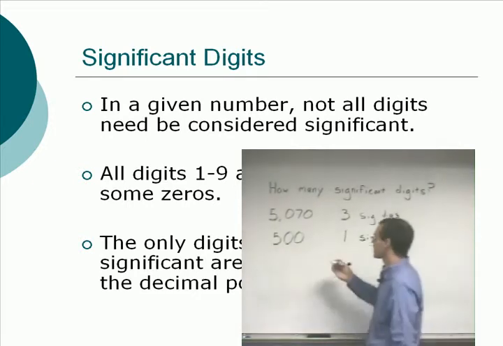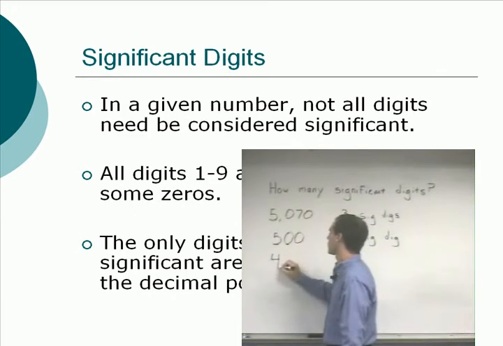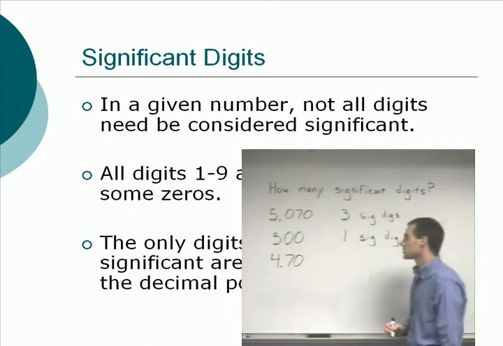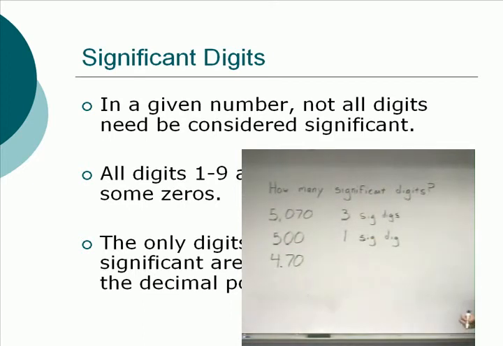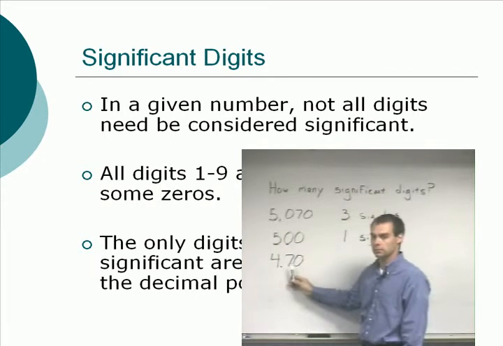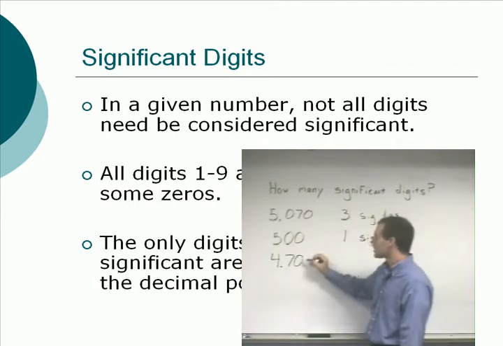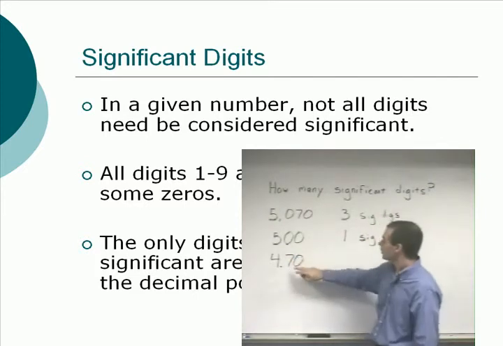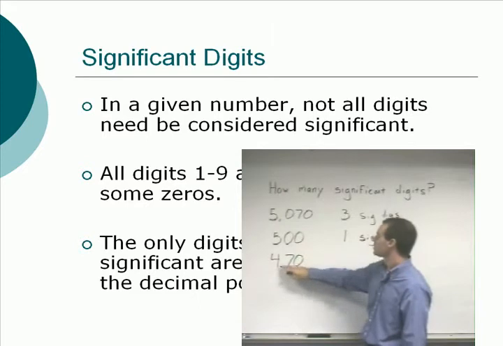Let's look at some numbers containing decimal points. 4.70. Notice here that the 4 and 7 are automatically significant. But ask yourself, is this 0 showing additional precision or additional ability of whatever tool measured this value?